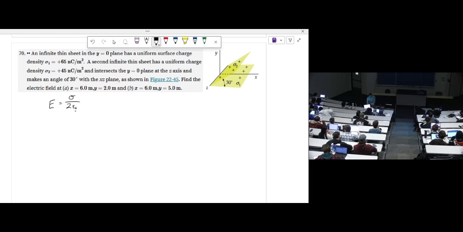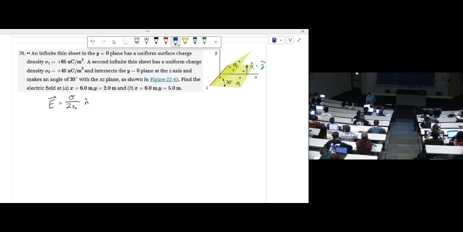And so the problem is we have to consider in this one that the electric field is going to be a function of vectors, right? At least for the first one, sigma 1 is going to be going up. This lies in the xz plane, and so n1 hat is going to be equal to j hat, right?